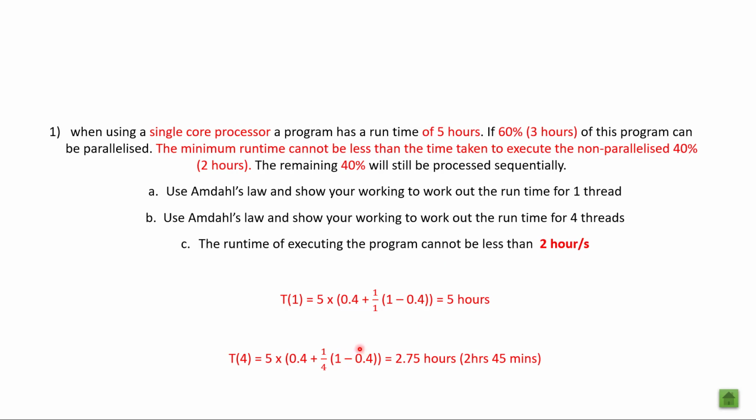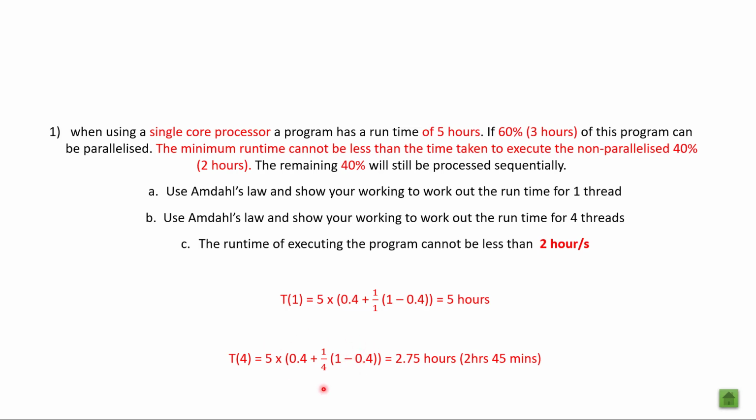If you bring in a quad core system or 4 cores, you're saying now the total time for 4 cores is 5 hours on a single core, 40% is serial and cannot be split. This time you've got 4 cores here, so 1/4 is 4 cores, and then you've got 0.6 which can be parallelized.